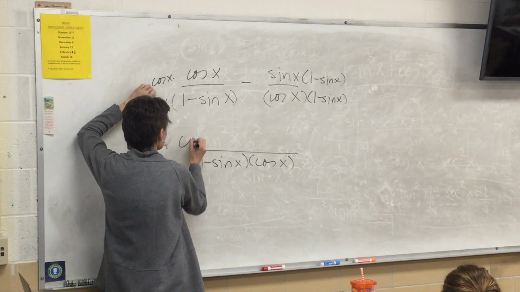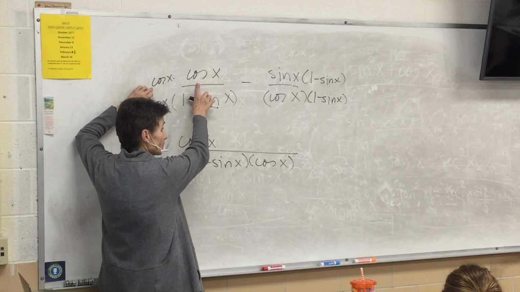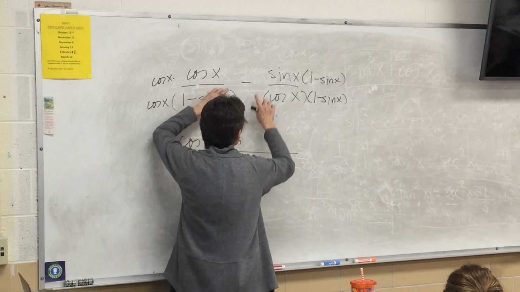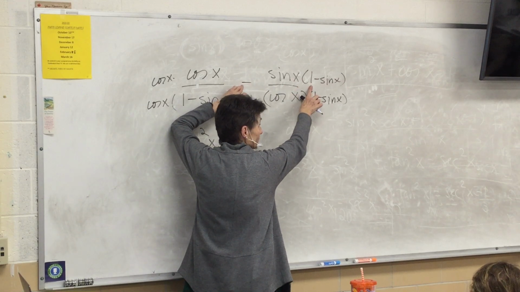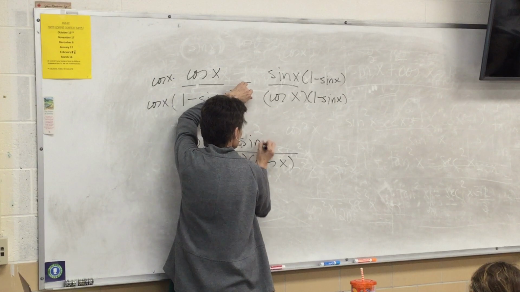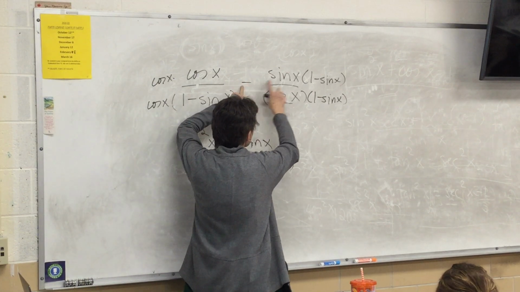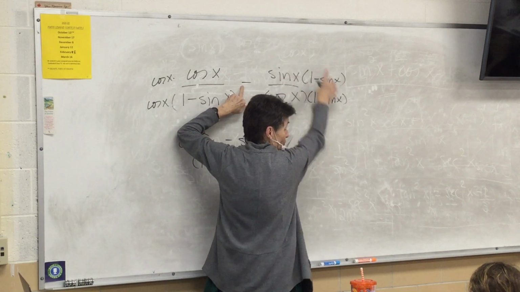So we have cosine squared, cosine times cosine. Now be careful here. You're going to take minus sine times 1. So won't that just be minus sine? And then minus sine times minus sine, because we're doing a distribute.